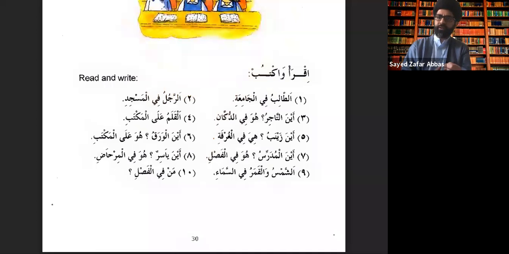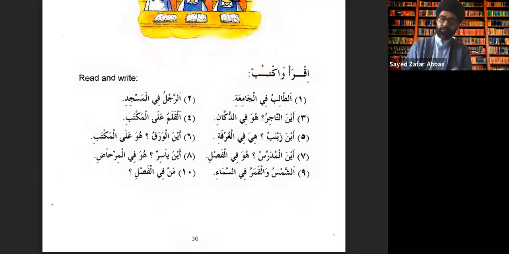Number 2, الرجل في المسجد, the man is in the masjid. أين التاجر, هو في الدكان, where is the merchant, he is in the shop. القلم على المكتب, the pen is on the desk. أين زينب, where is Zainab, هي في الغرفة, she is in the room. أين الورق, where is the paper, هو على المكتب, it is on the desk.